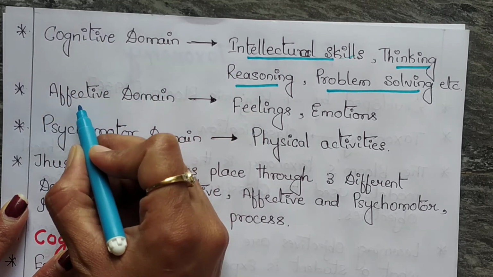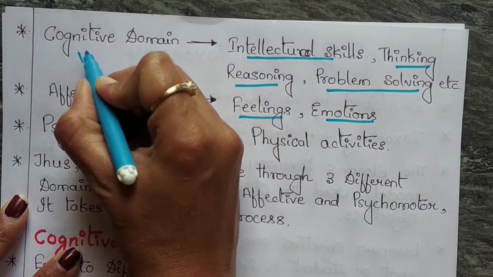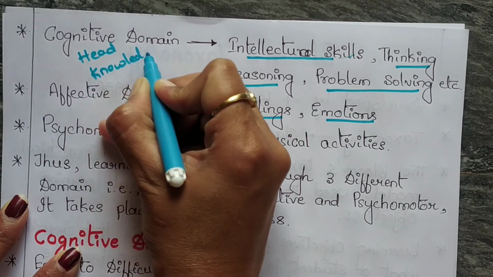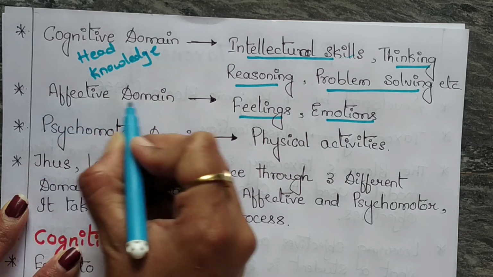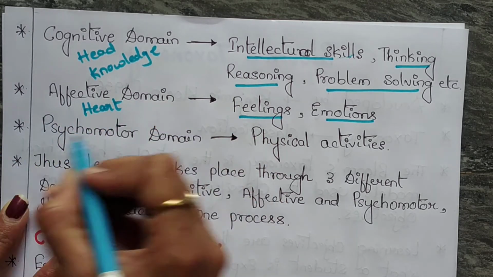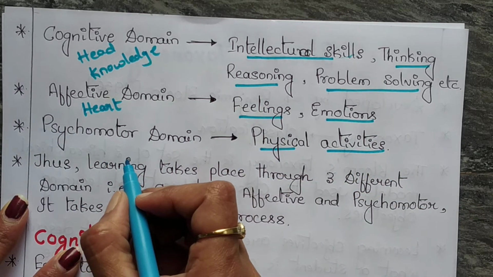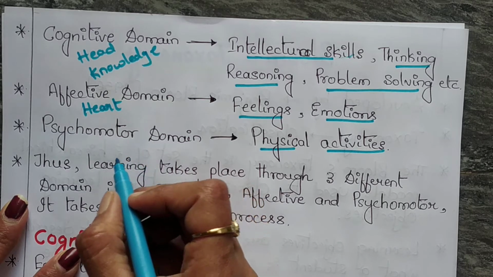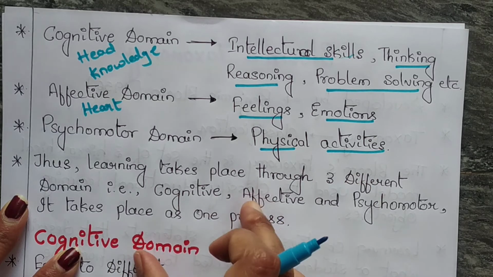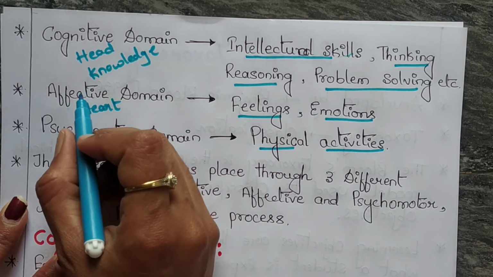Affective domain is related to the heart, feelings and emotions. Psychomotor domain is related to physical activities, using a tool or instrument, motor skill activities.